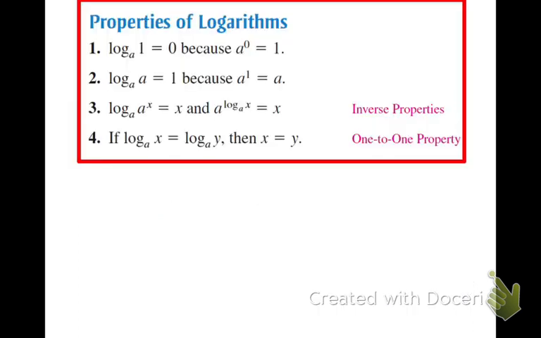Okay, so here are your properties. You actually just saw the first one. So log base a of 1 equals 0, because a to the 0 equals 1. Log base a of a is 1, because a to the first equals a. Now, I'm going to tell you 2 and 3 are the same rule.